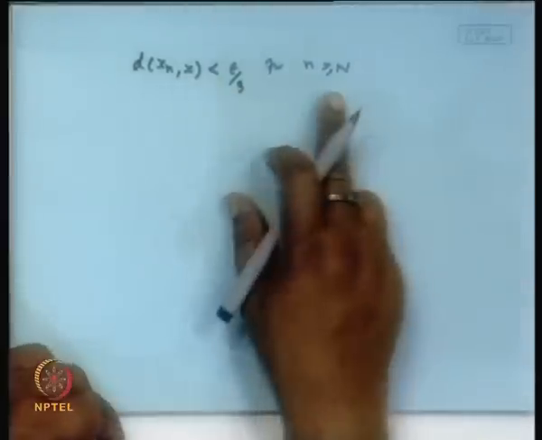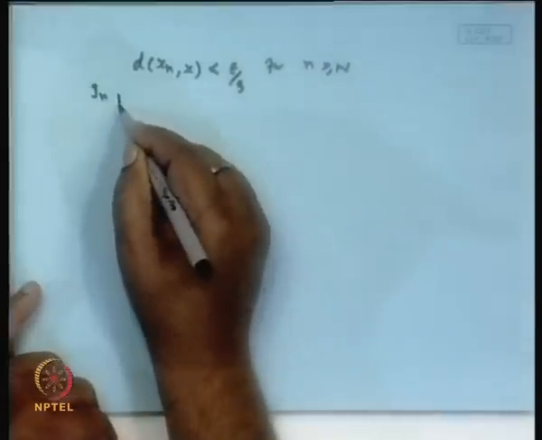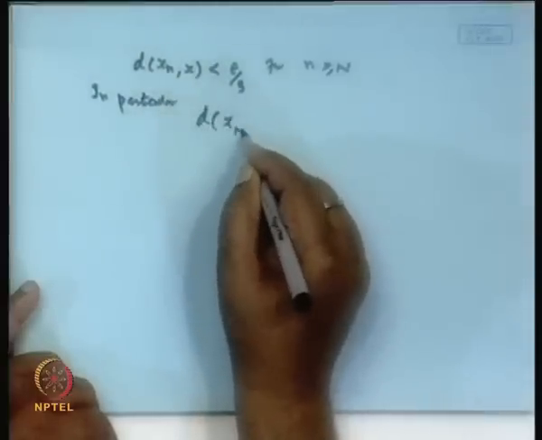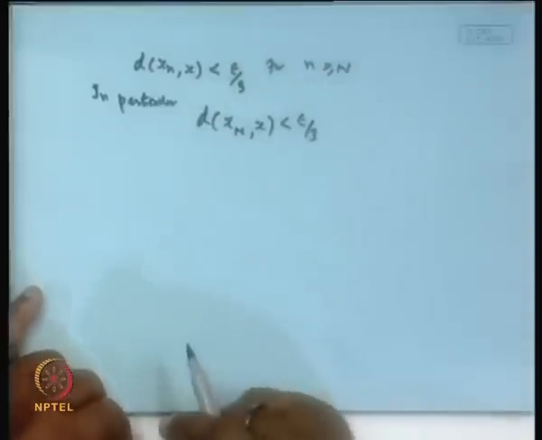Now, this is true for all n greater than or equal to N. So, in particular, d(x_n, x) will remain less than epsilon by 3.